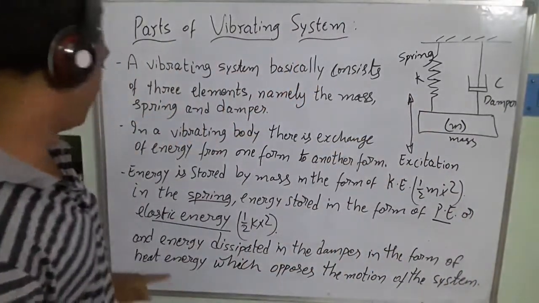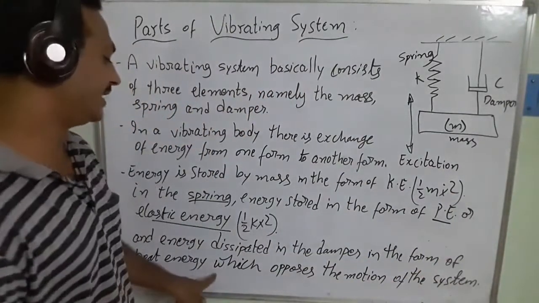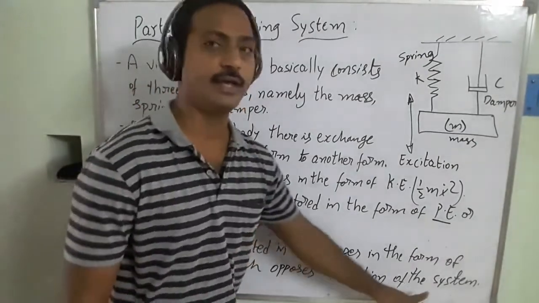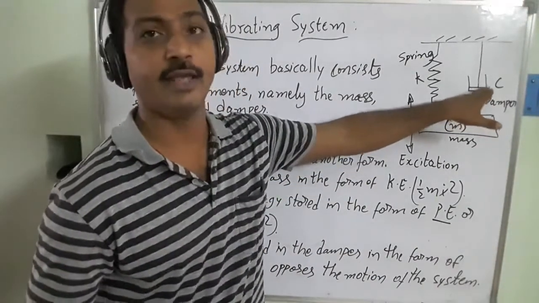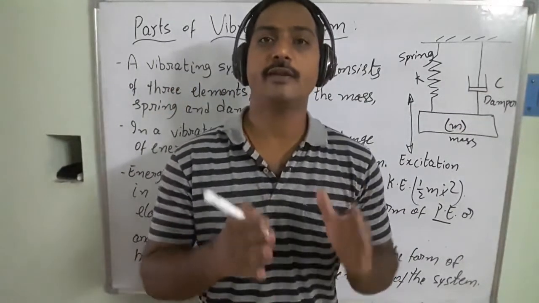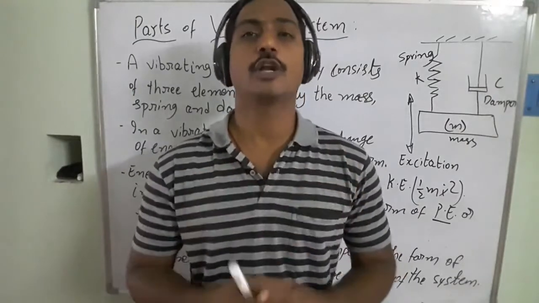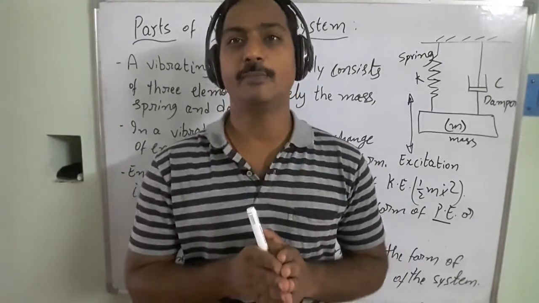Next, the energy dissipated in the damper is in the form of heat energy, which opposes the motion of the system. As we know, the damper always creates resistance to the motion of the body, trying to oppose it and bring it back to the equilibrium position.